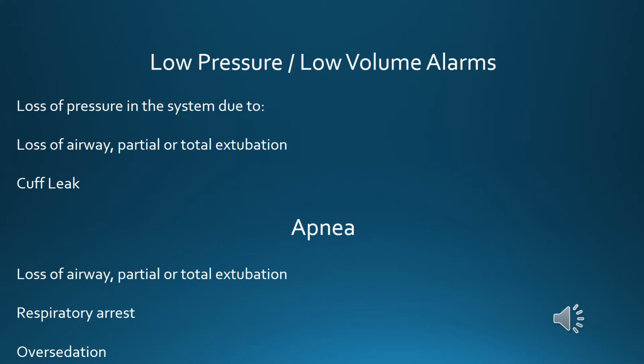Typically, you only see this not in your assist control mode or SIMV mode, but in pressure support ventilation. It's very important to set your apnea parameters. So if the patient fails to breathe for 20 seconds or 30 seconds, the ventilator will kick into assist control mode as a backup so that the patient basically cannot die on the ventilator.